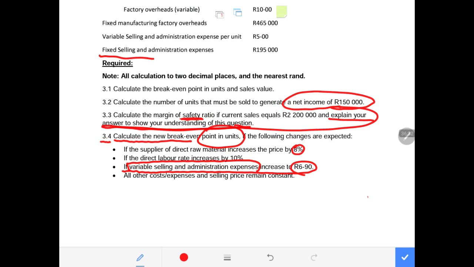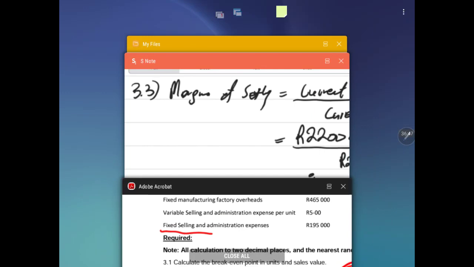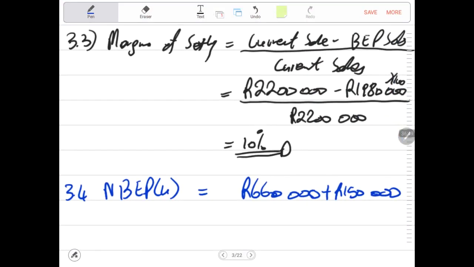It's kind of ambiguous now because you don't know if you are considering the fact that the owner wants to take a net income of 150,000. But I'll take the option where the owner still wants to take a net income of 150,000 rands. So now hence I'm saying plus 150,000 rands. If they did not require you to do this, please don't add it. But if they are quiet, I'll require that you take it into account.